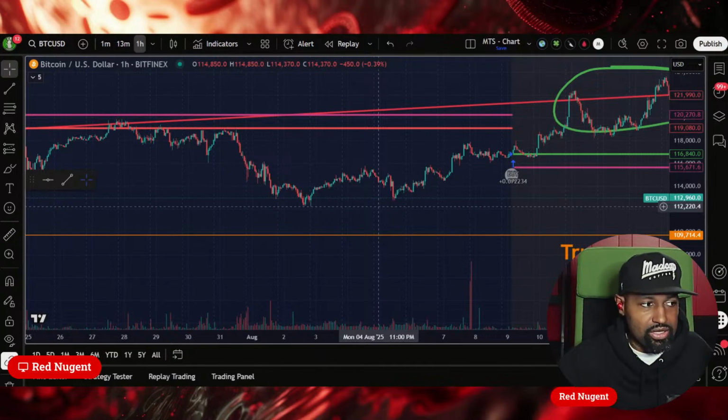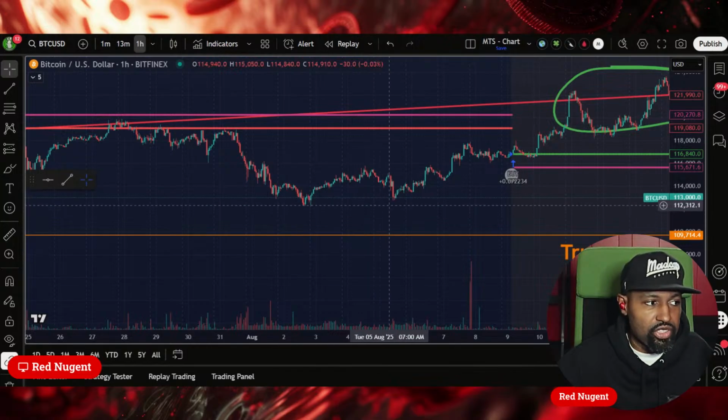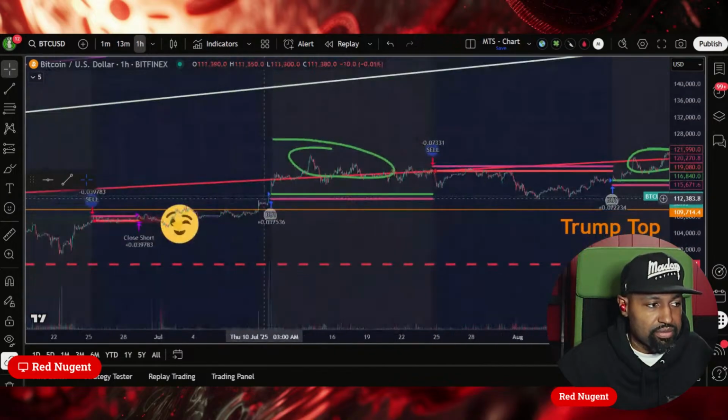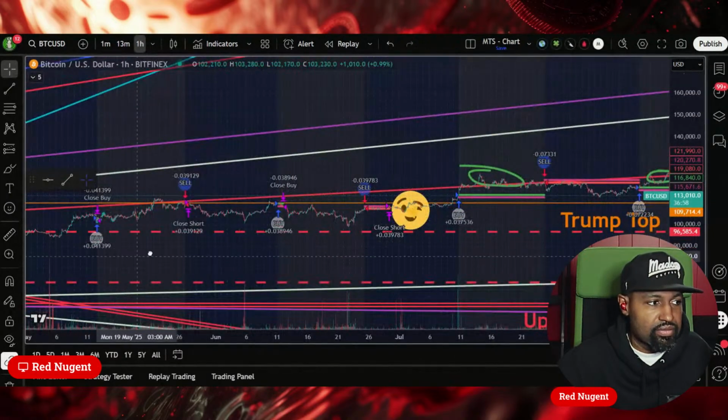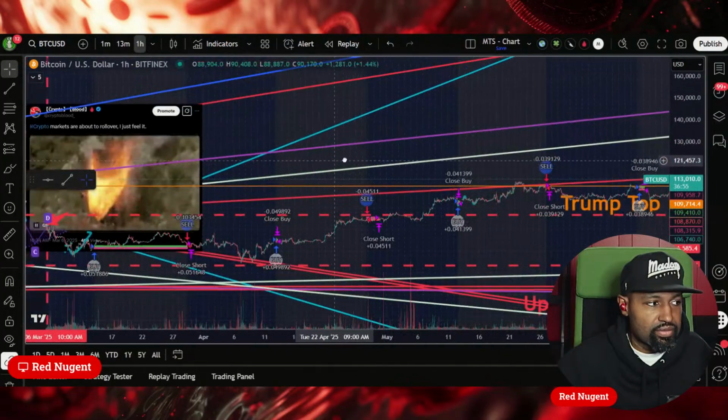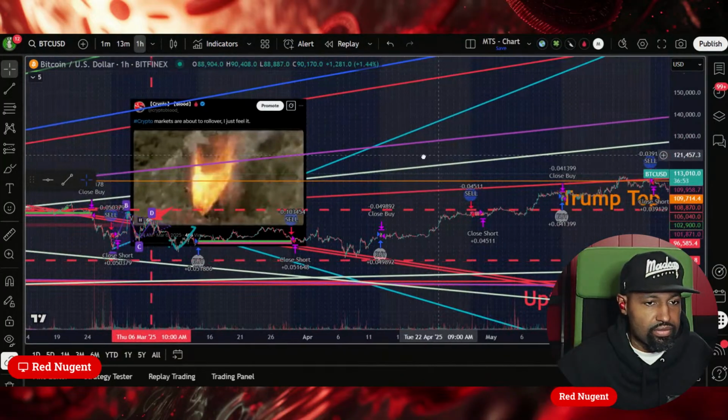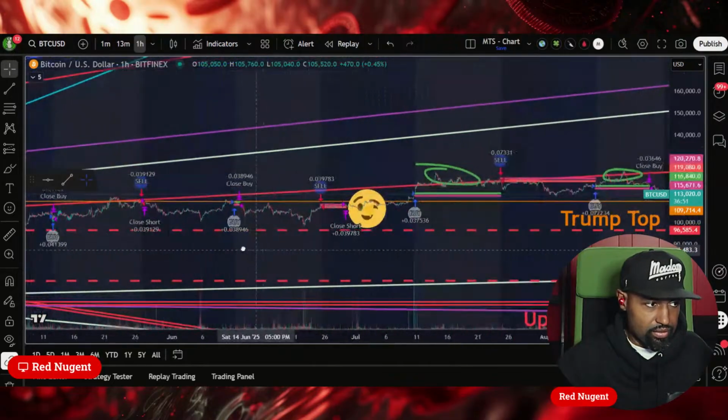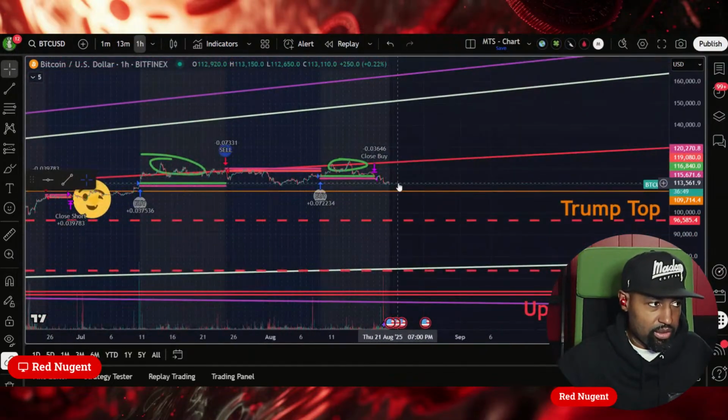Not really, but I'm just saying. Further downside, another 2.5% lower, would be the bounce target at that point if we can't hold this bottom right where we are right now. So that's where we are with Bitcoin.